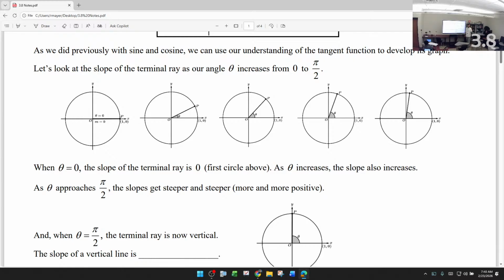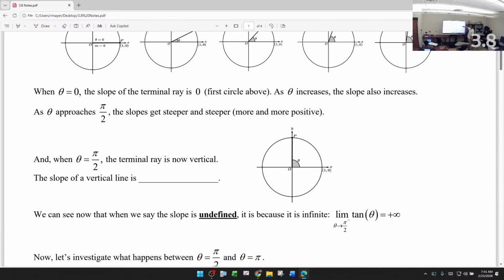That's bad. It's undefined. So tangent at pi over 2 is undefined, because cosine is 0 at pi over 2 and tangent is sine over cosine. Kind of okay with all that?